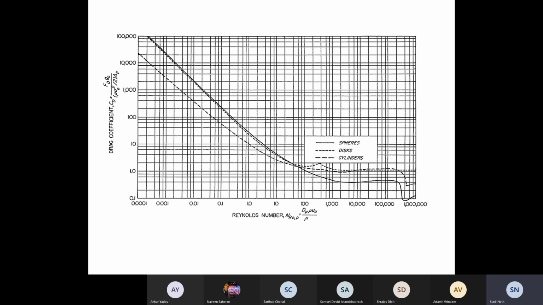So let me summarize what we have done up till now. We started from very general equations of motion. We solved it for the accelerating frame, independent of the force field. Then we restricted it to du/dt tends to 0.